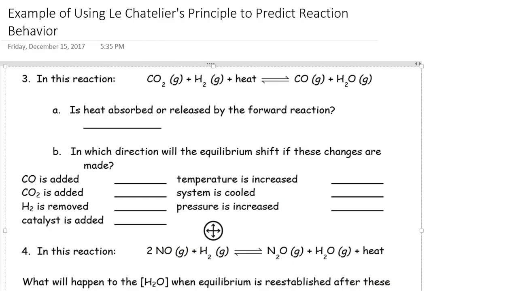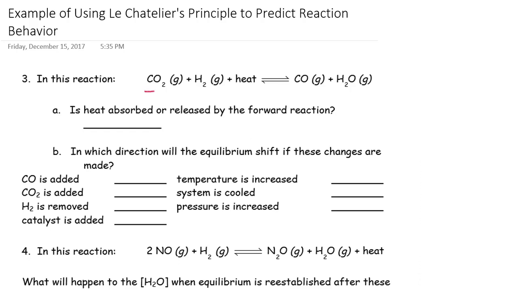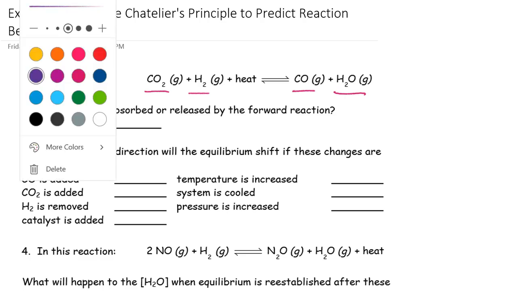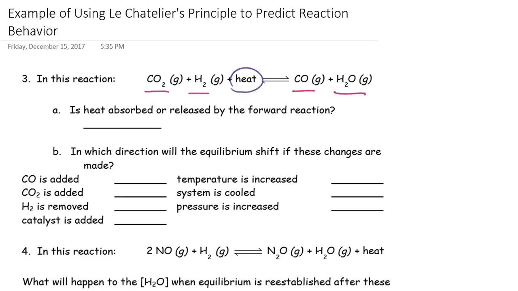Let's take this first example, labeled number 3. Within this example, I have carbon dioxide and hydrogen gas forming carbon monoxide and water vapor. Note that I also have heat listed on the reactant side of the equation.